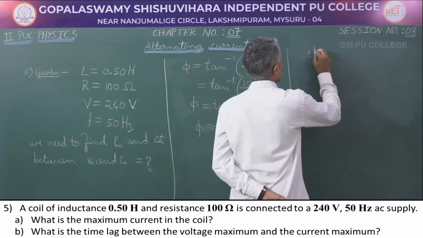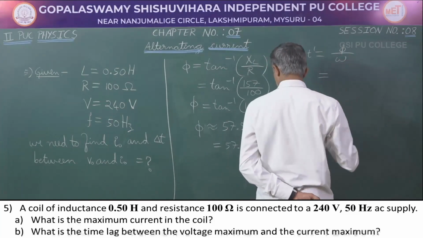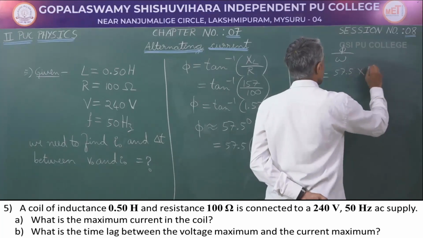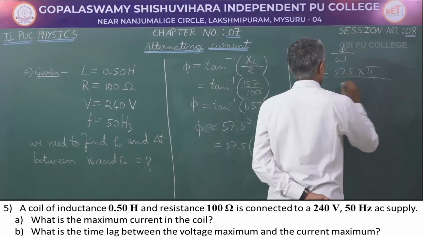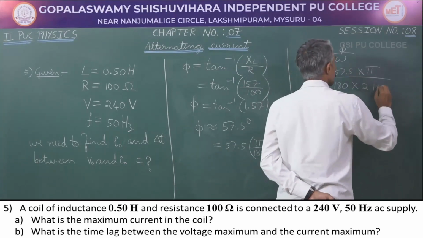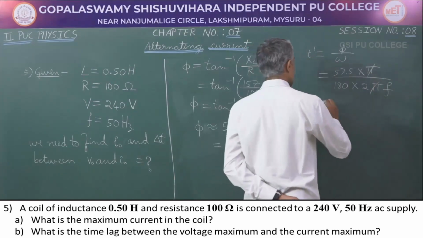The time lag, which is phi by omega, is going to be 57.5 into pi by 180, omega is 2 pi f. So pi and pi get cancelled.